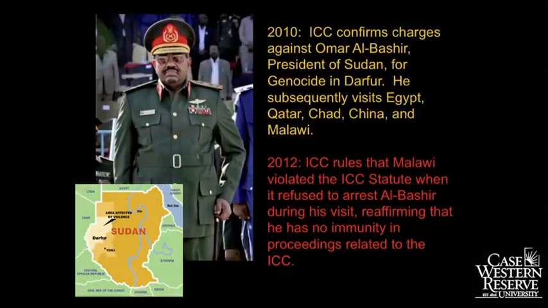In 2012, the International Criminal Court takes a case involving his presence in Malawi, and they say that he has gone there, and that triggered the responsibility of Malawi to arrest him and send him to The Hague. And by not doing so, they have violated their duties under the International Criminal Court.